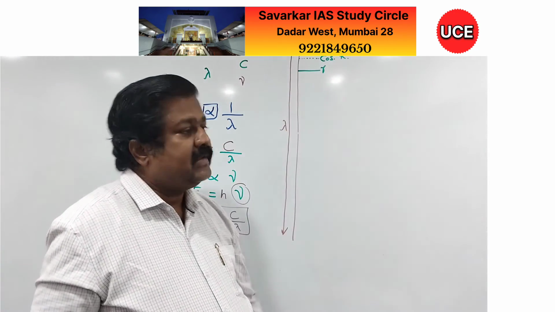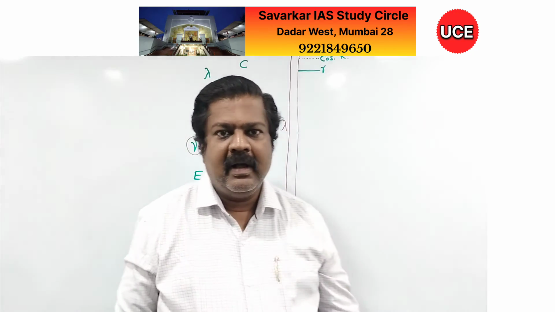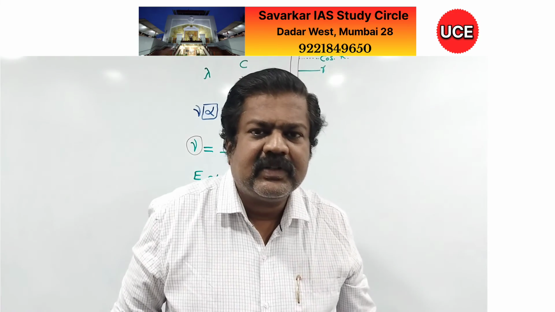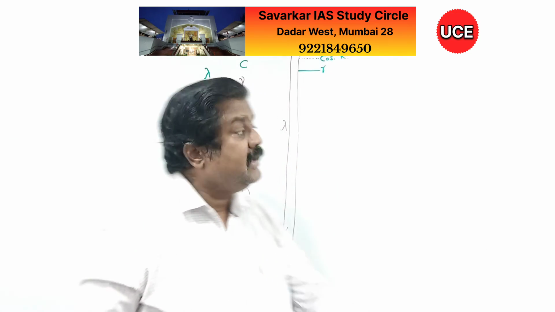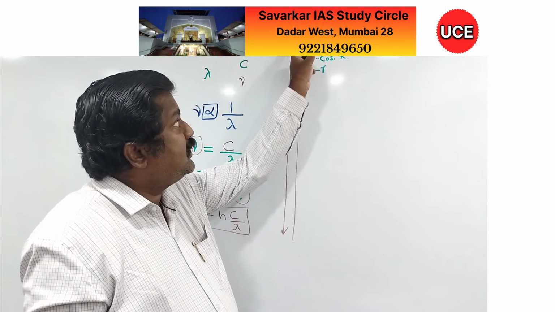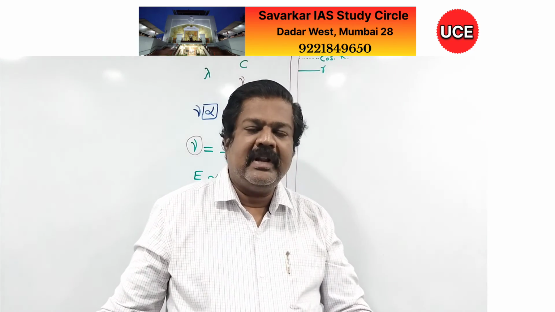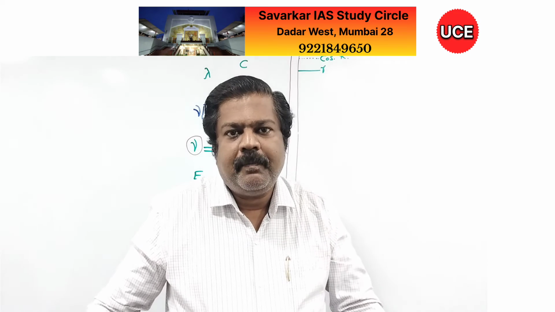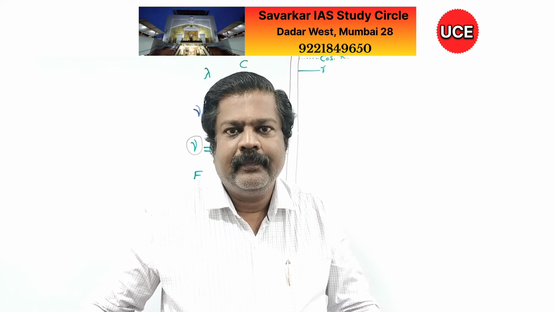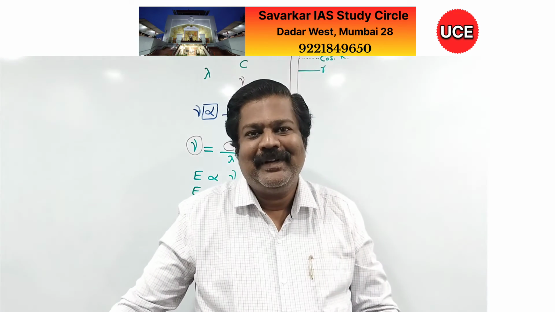So this radiation, gamma, has a very small wavelength. Here the wavelength is smallest, in the range of 0.1 angstrom. What is angstrom?